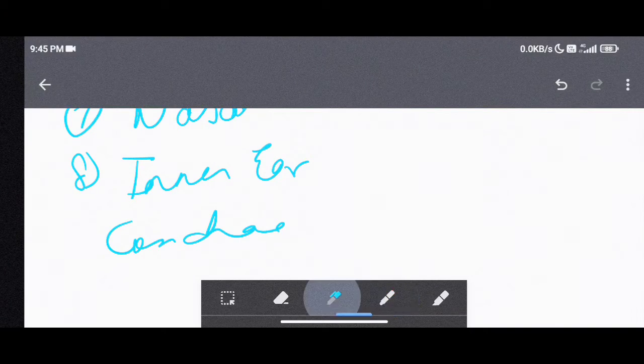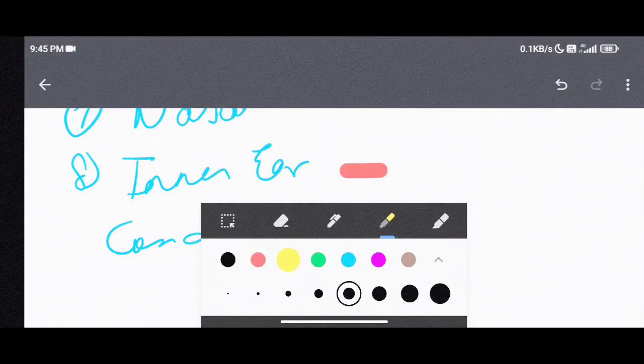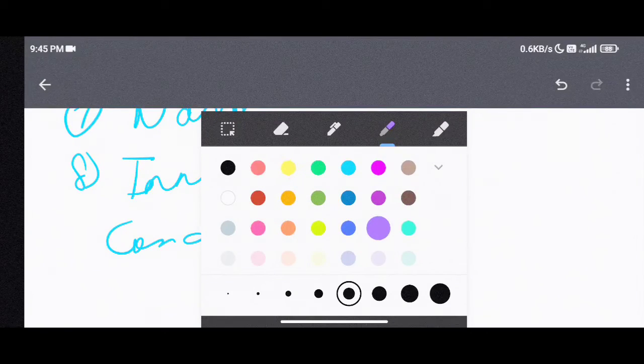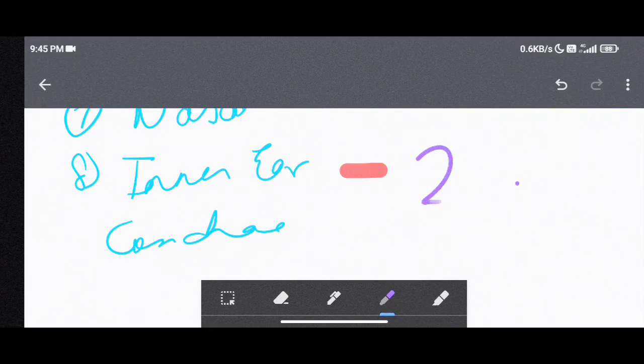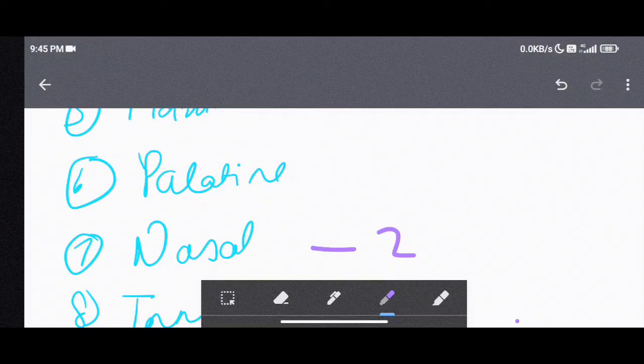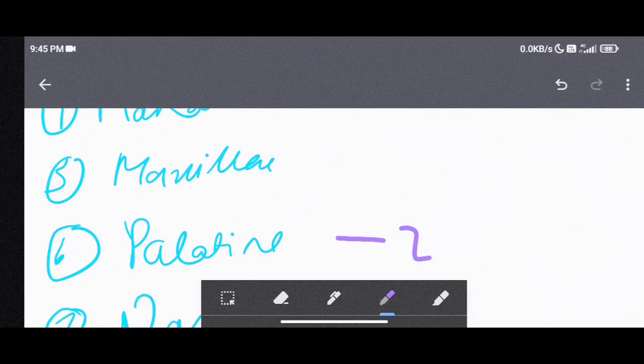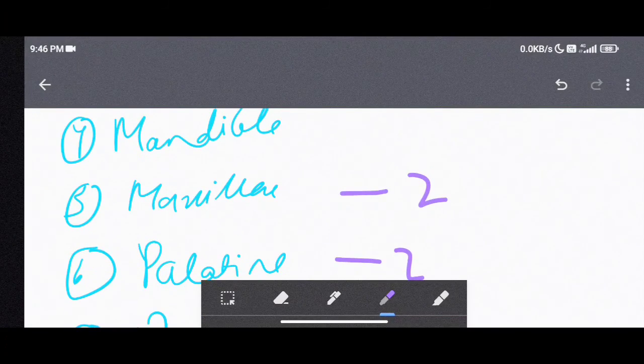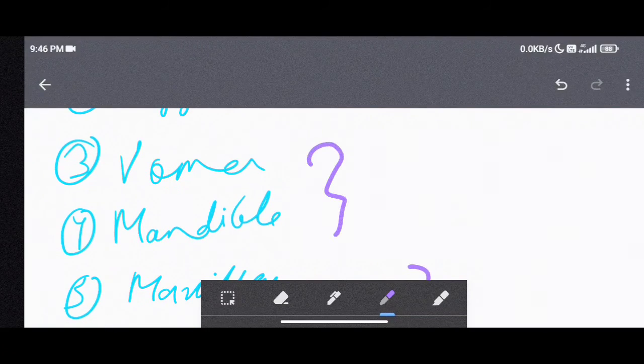Now let's write the number of bones for each type. It is very big, so let's reduce the size. Two bones are there, this is also 2, this is also 2, and these two are very important because they are one bone each.